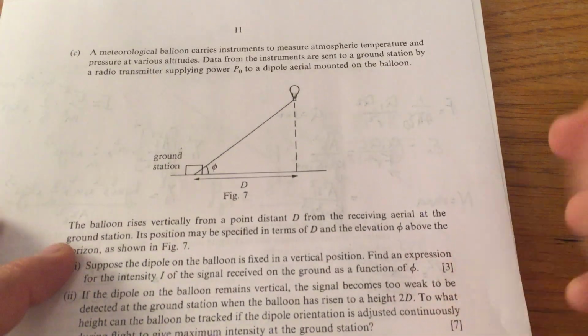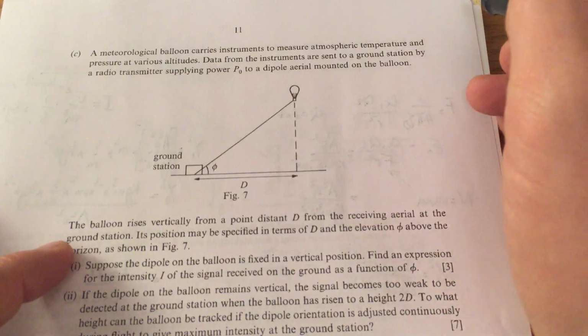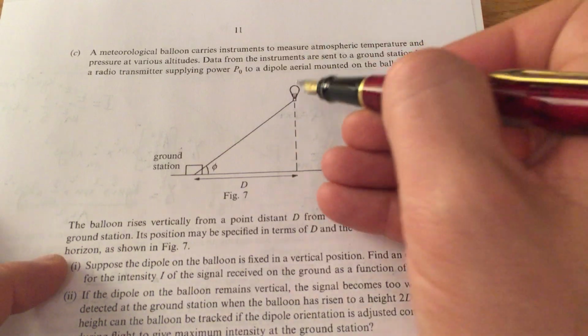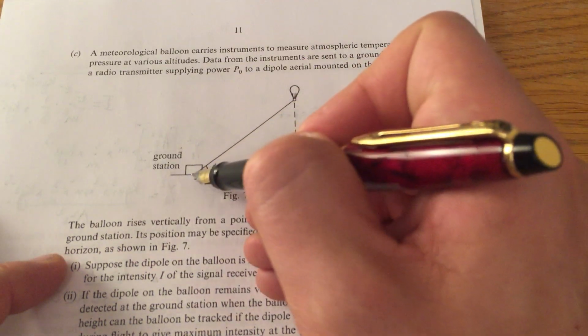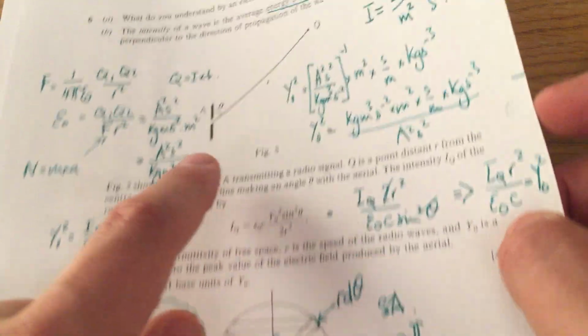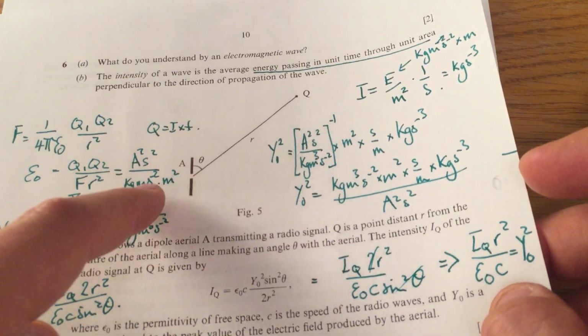Okay, meteorological balloon rises up, and of course we have a projection of what intensity hits the ground. Now that is pretty much the same as what we've got here if you imagine that to be upside down.